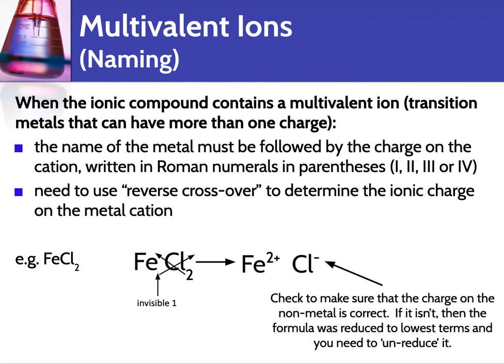At this point, you need to make sure the charge on the nonmetal is correct. Chlorine does make an ion with a charge of -1, so it's good. But if it's not, then the formula was reduced and you're going to need to unreduce it. Because we know now that the charge on iron was 2, we would call this iron(II) chloride.